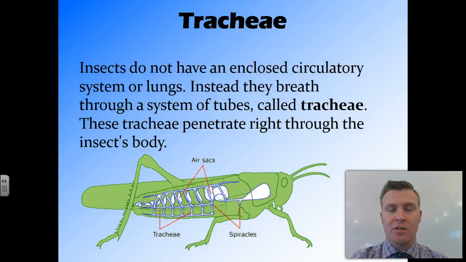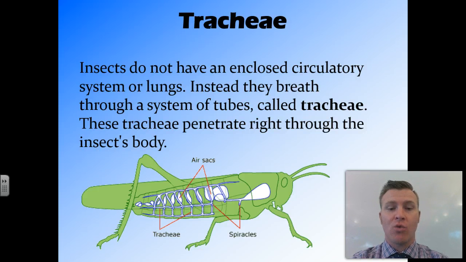Not all animals have lungs, and not all animals have lungs that are as well formed as ours. Some have a lower version of lungs, but insects, because they don't have an enclosed circulatory system, so they don't have blood inside them, have a series of tubes going through their body, and these tubes are called tracheae.